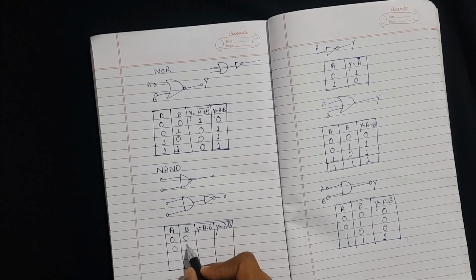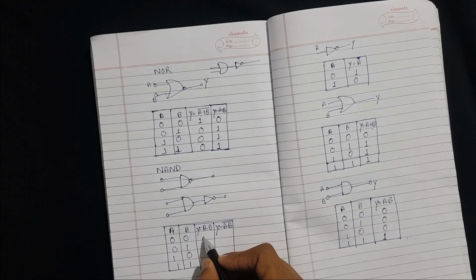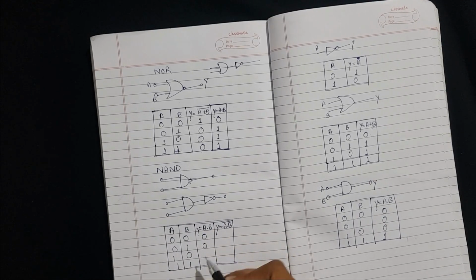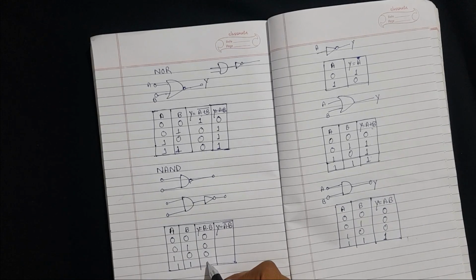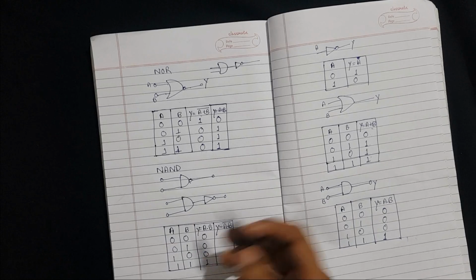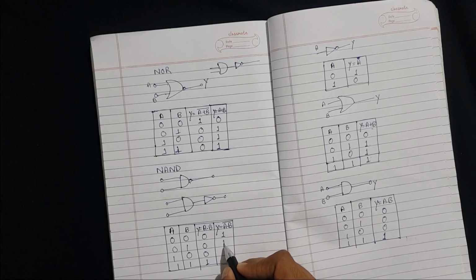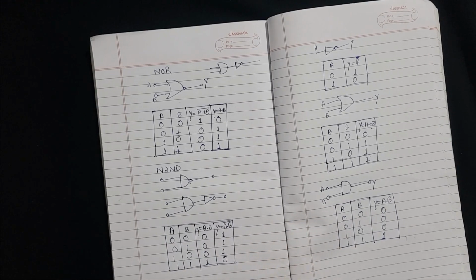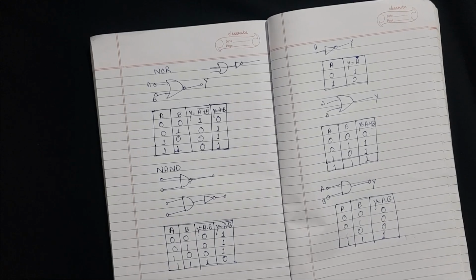These are the possible inputs for two inputs, for which we'll get this. Now we will simply invert this. Okay, that's how the NAND gate behaves.